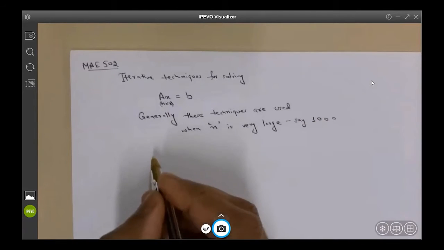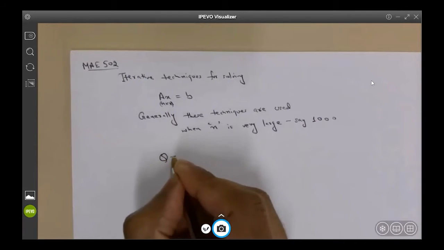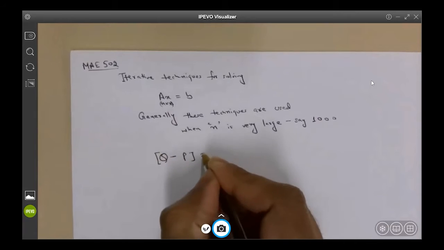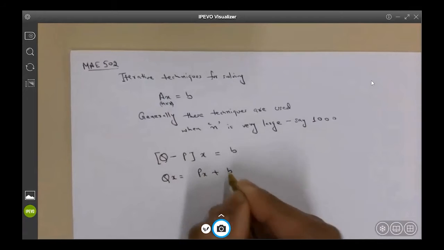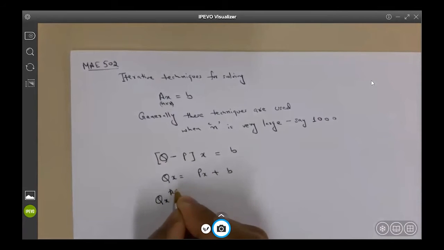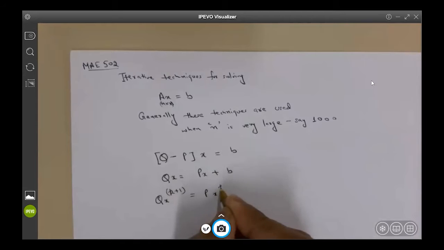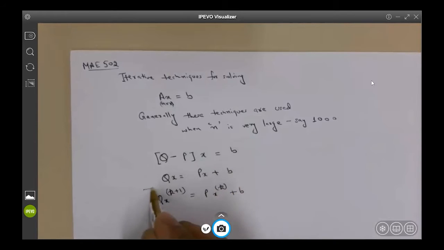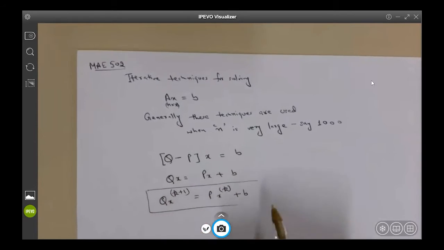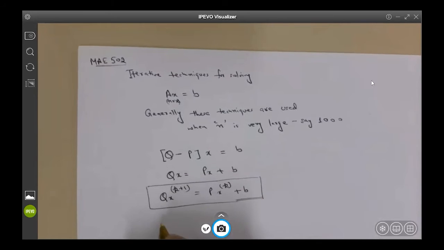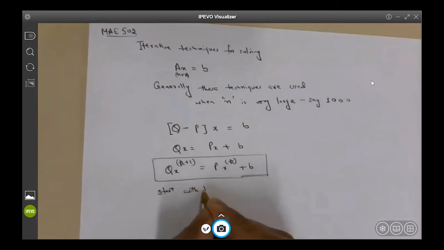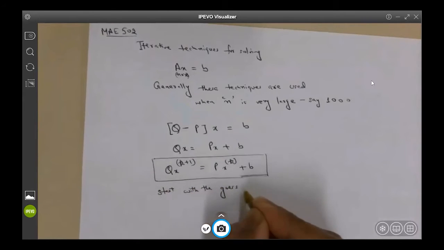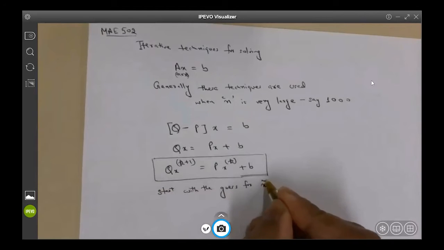And we saw that one of the techniques that we learned in the last lecture is by splitting A as Q minus P, X equals B. Then we have Qx equals Px plus B. And then we use iteration, where we start with a guess for the X vector.